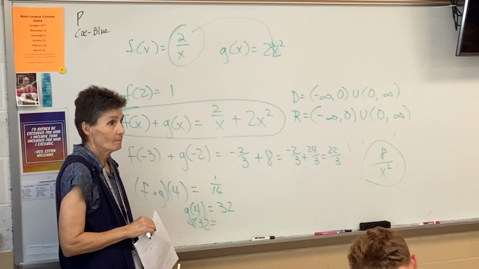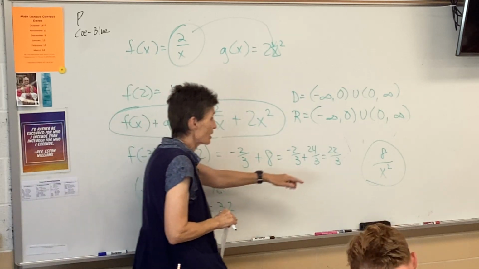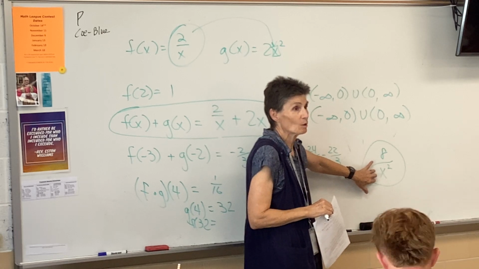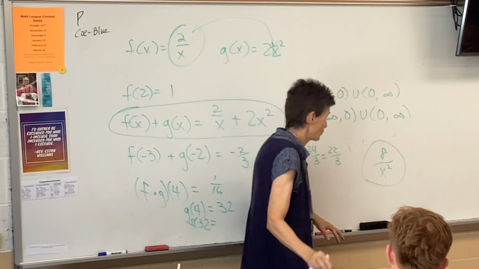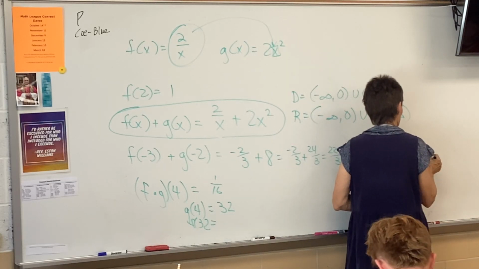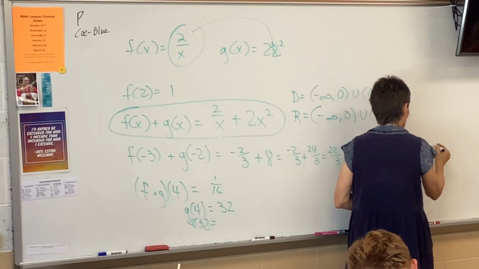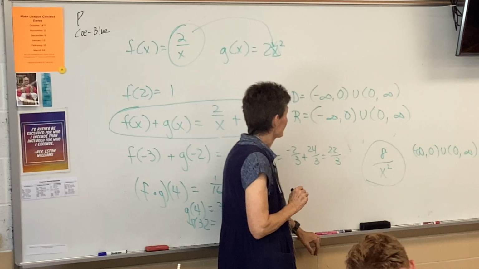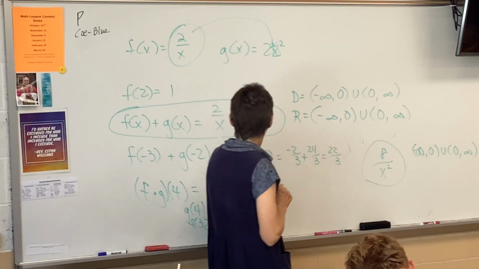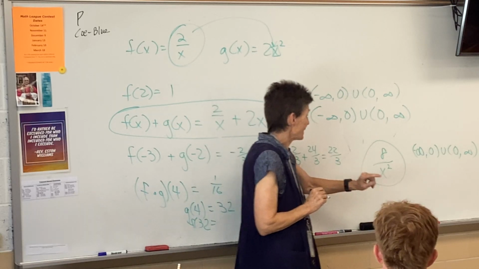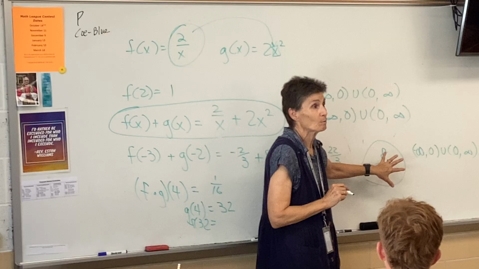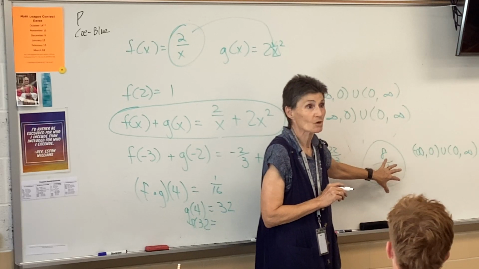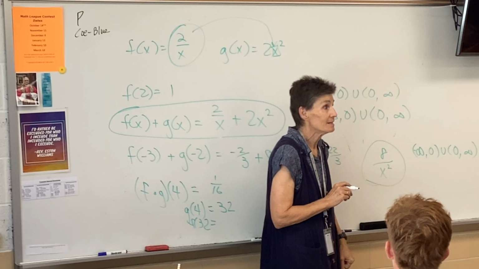Tough, tricky, but the exact same thing's going to happen right here. Isn't this going to have the same domain? It sure is. X can't be 0. But this one's going to be worse, because this will not only never be 0, it also can't equal anything negative.